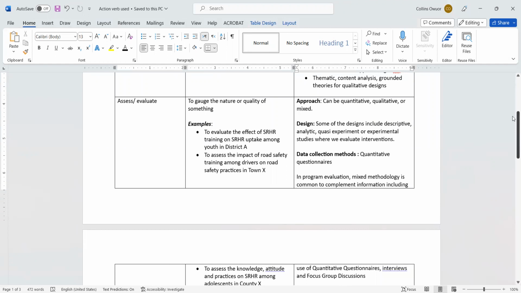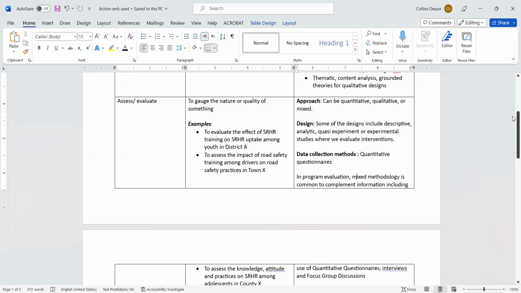And the approach that most of these could follow can be quantitative, qualitative, or mixed. So the design of studies with this kind of objectives could be descriptive, because you could be interested in only assessing the nature or characteristics of something.